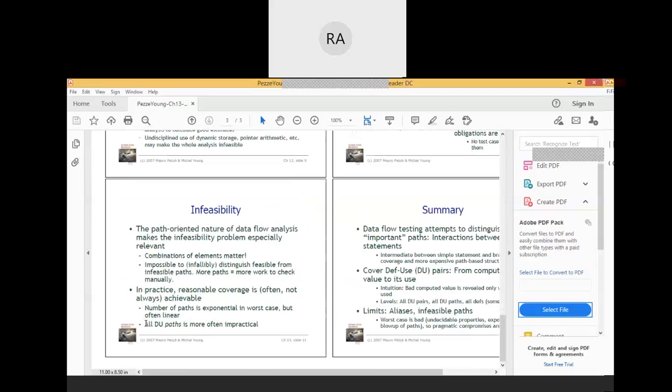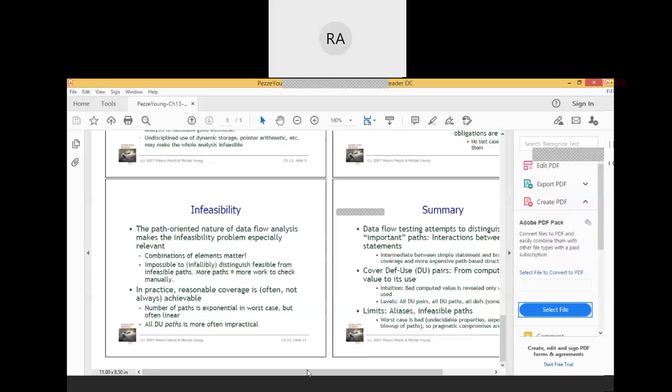You cannot have a test case designed for each DU path. There will be certain scenarios wherein for a particular DU path you will not have any test case for testing purposes. That is infeasible DU paths. That is about infeasibility.